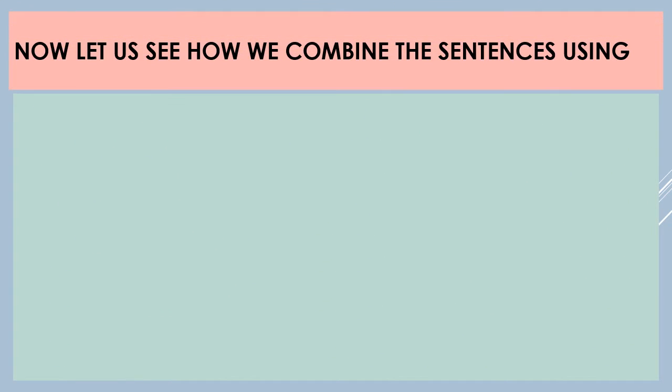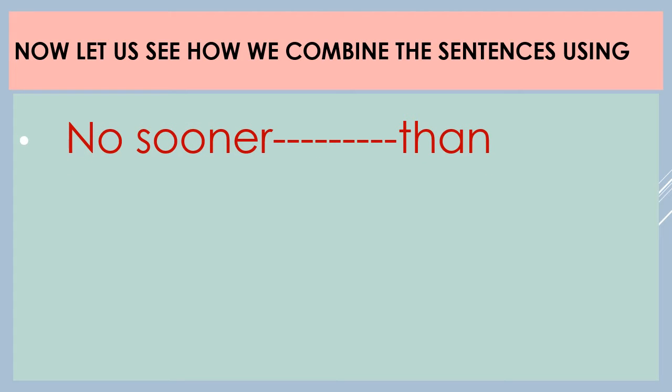We can combine sentences using so many conjunctions, but here we discuss only a few. Let us see no sooner than. It is one type of conjunction we use to combine sentences.